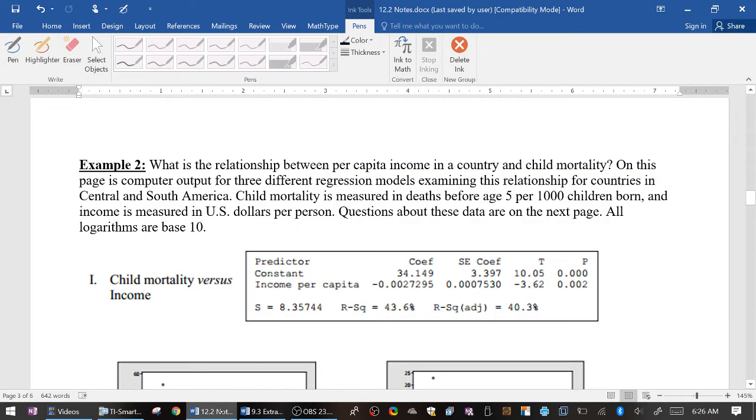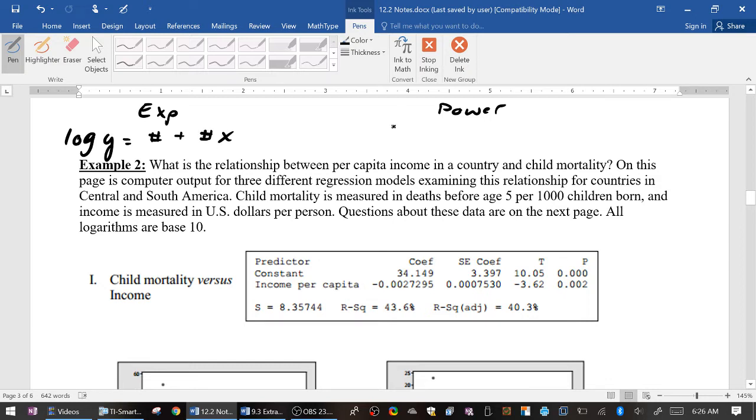All right, so how do we take what we learned yesterday and apply it to what we're doing today? Okay, so yesterday we talked about the difference between an exponential model versus a power model. The way you can tell is with an exponential model, you will have a log on your y value, and then everything else will just be numbers.